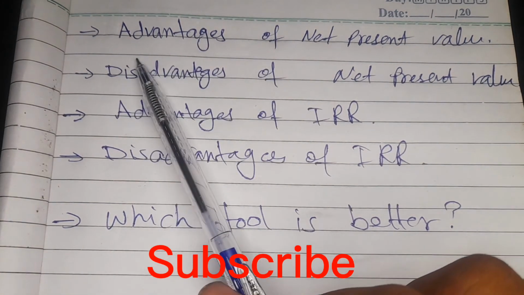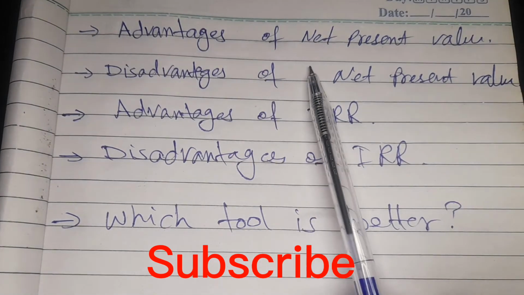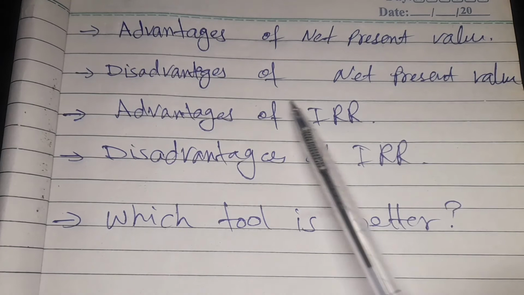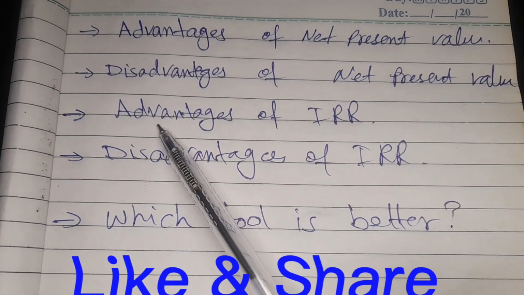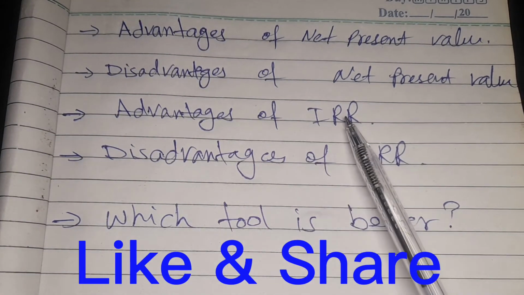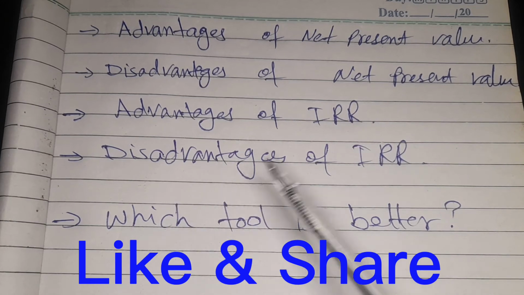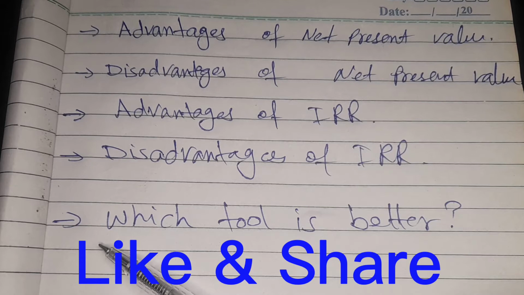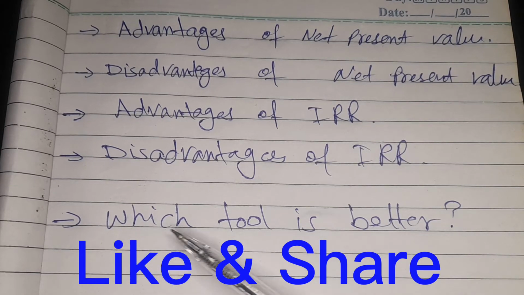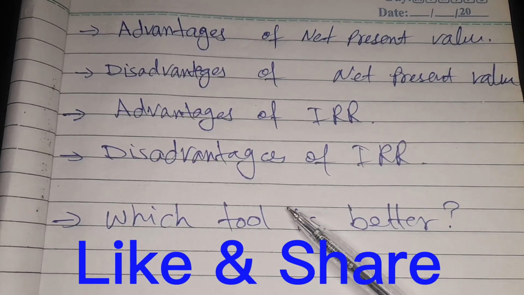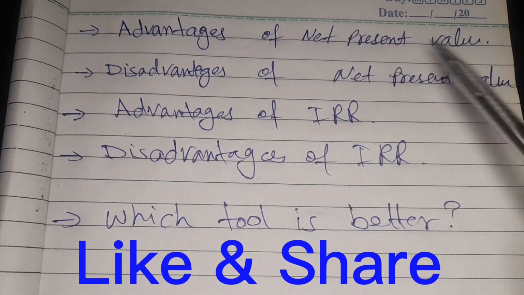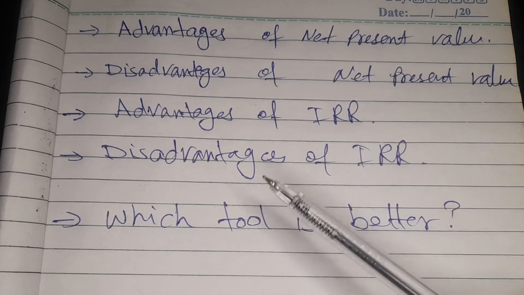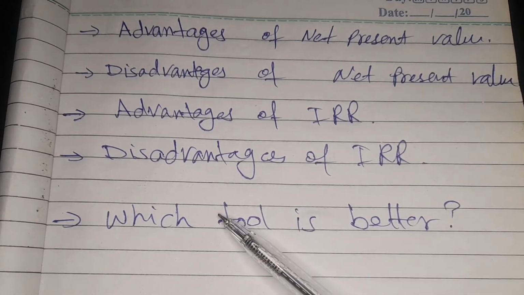We will discuss in detail which tool is better. So, the advantages of the net present value. A key advantage of net present value is that it is a direct measure of the expected increase in the value of the firm. Net present value is theoretically the best method, no doubt, and mostly analysts use this method.